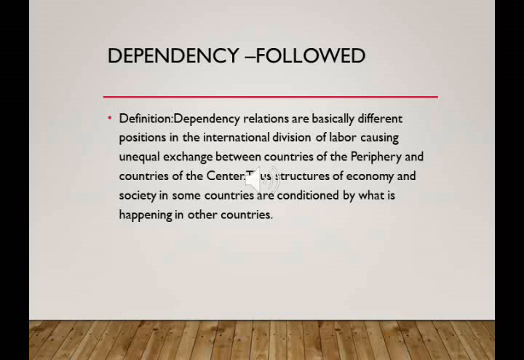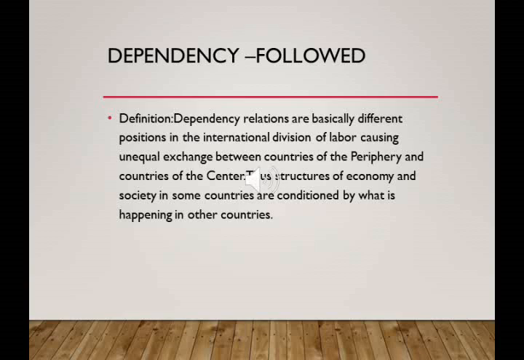So what kind of relations exist between these two groups of countries? These are dependency relations, and these dependency relations reflect different positions in the international division of labor based on unequal exchange between countries of the periphery and countries of the center. So dependency means unequal exchange.